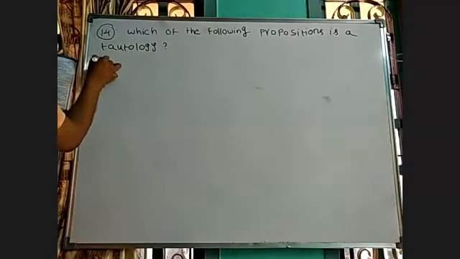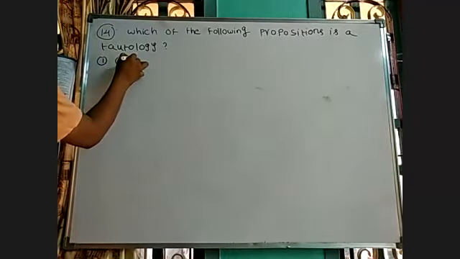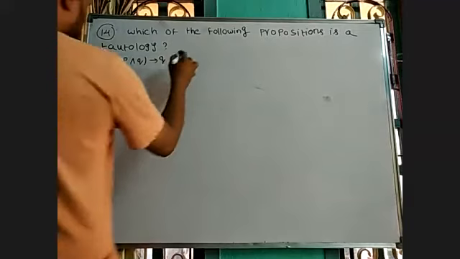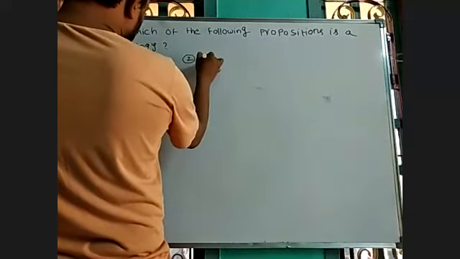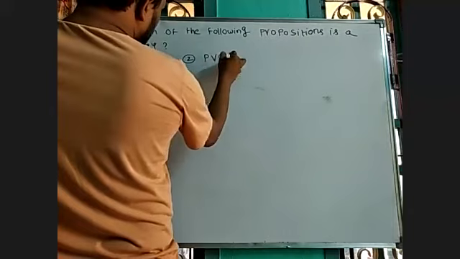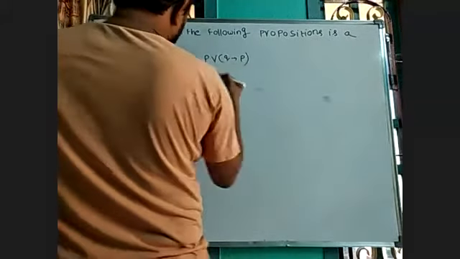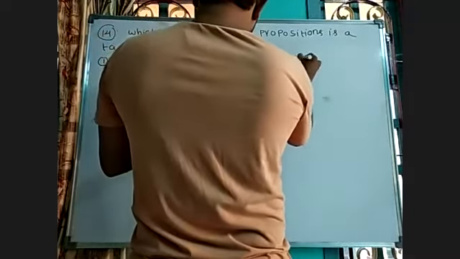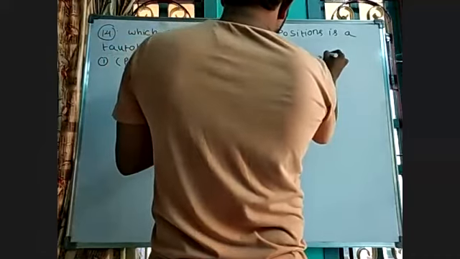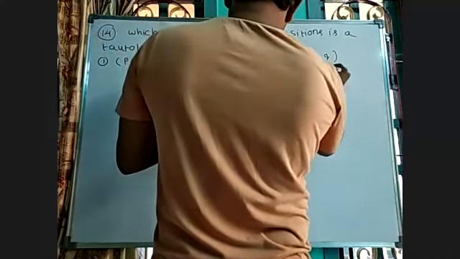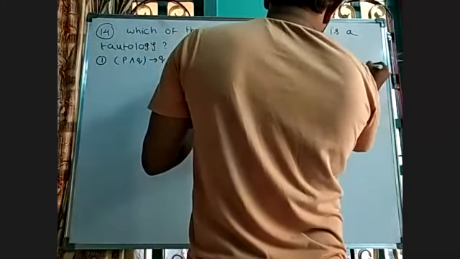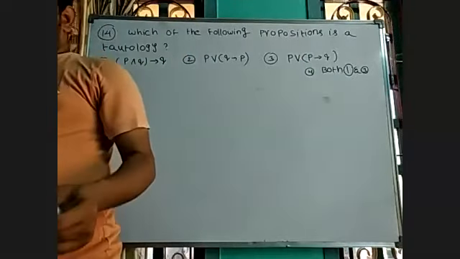Okay. Option one, what do they give? P and Q implication to Q. Next, option two, what do they give? P and R, Q implies P. Okay. Next, option three, P implies Q. Option four, what do they give? Both one and three.